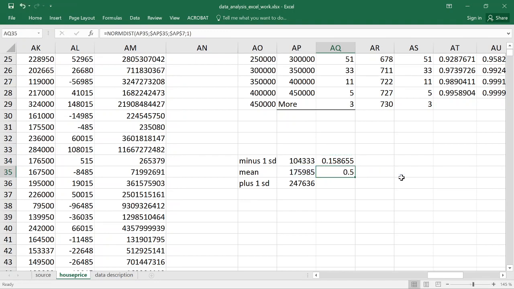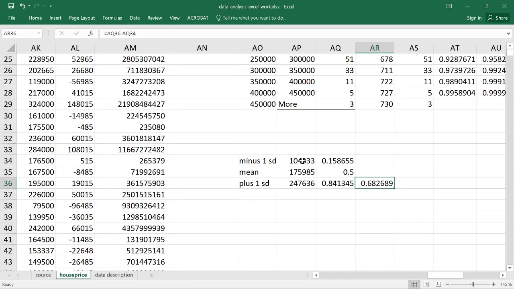Observing a value below the mean has a 50% probability, and observing values below the mean plus one standard deviation has a probability of about 84%. We now calculate the difference between those two. We'll see this covers about 68%. And this leads to this first rule, which states there's about 2/3 chance of finding values in the range mean minus one standard deviation, mean plus one standard deviation.